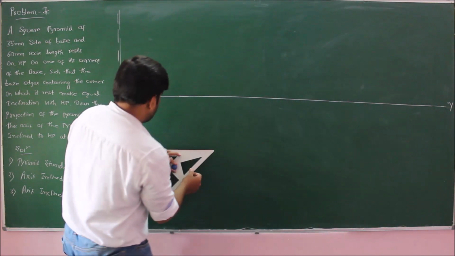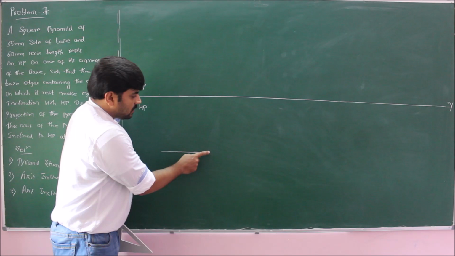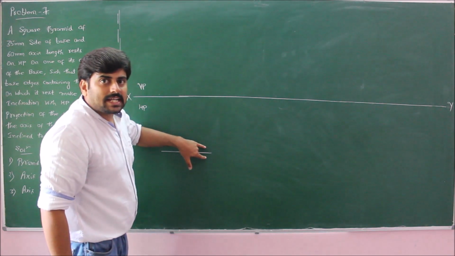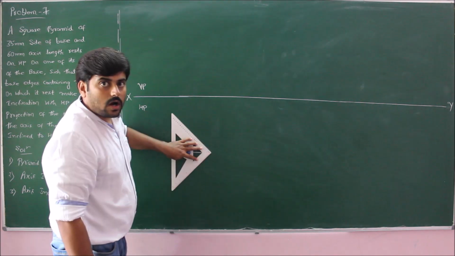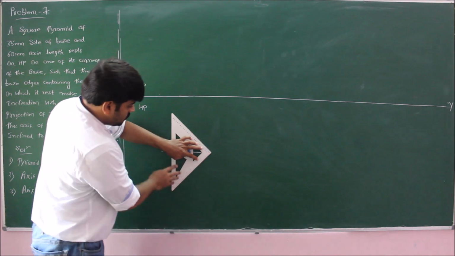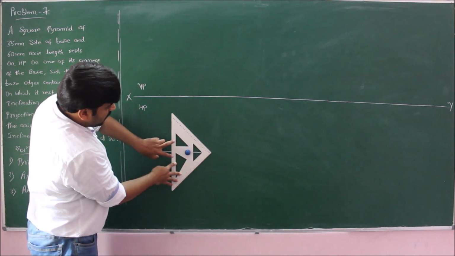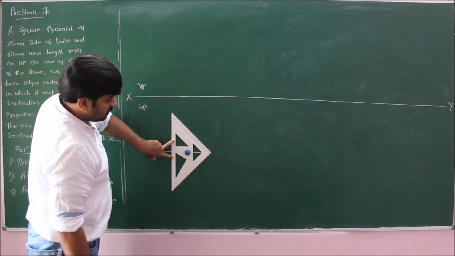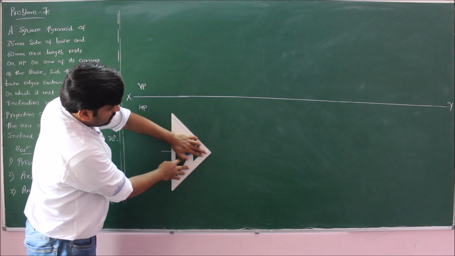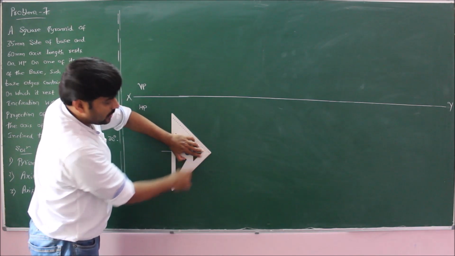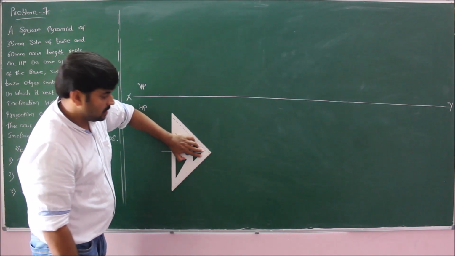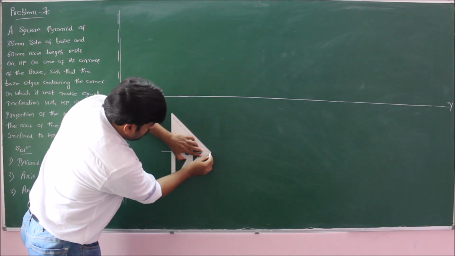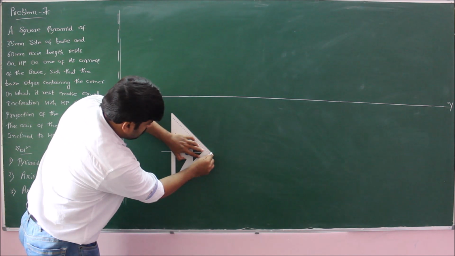First, you mark horizontal on one of the corners of this diagonal. Draw 35 mm line inclined at an angle of 45 degree on either side. So if I keep the set square of 45 degree angle in this manner, I will get 45 degree on either side. So therefore, draw 35 mm.